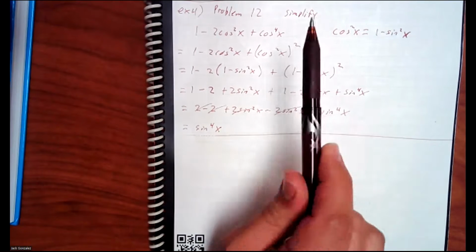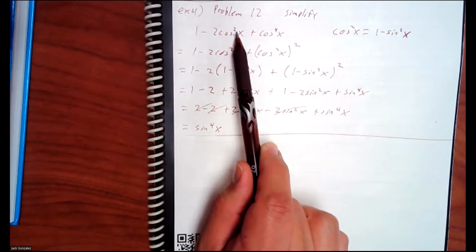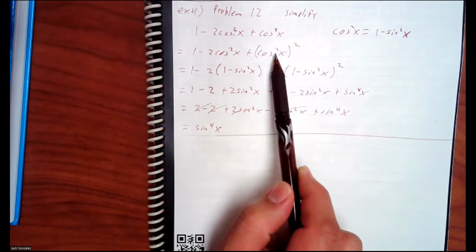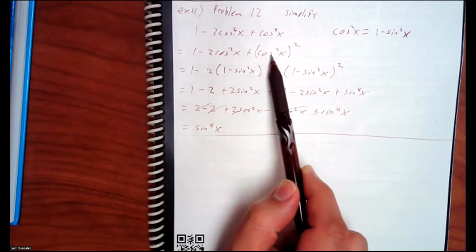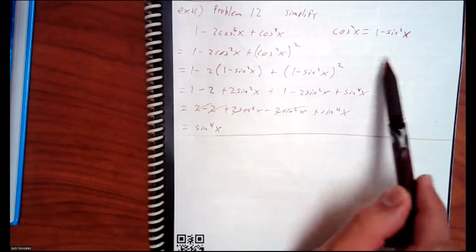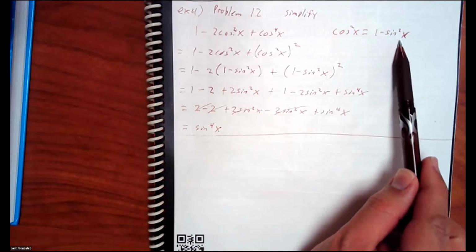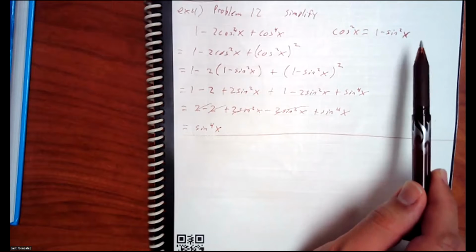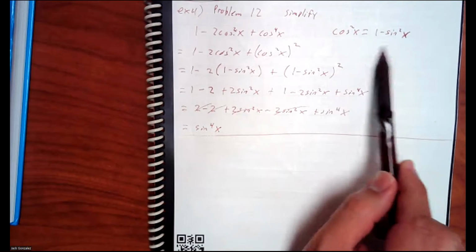So what we did here, one more time. I noticed it was a square, and I also noticed that a fourth is a squared square. So I said, okay, let's break it down, and then substitute this cosine squared with this. Whenever I see squares, I think about the Pythagorean identities, so I chose this one on purpose.